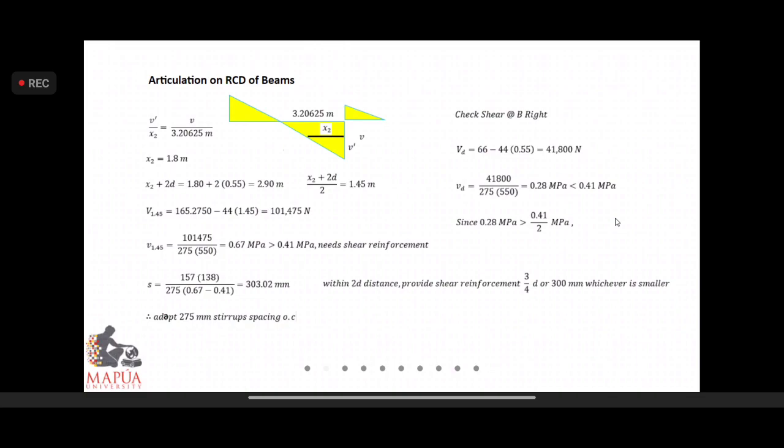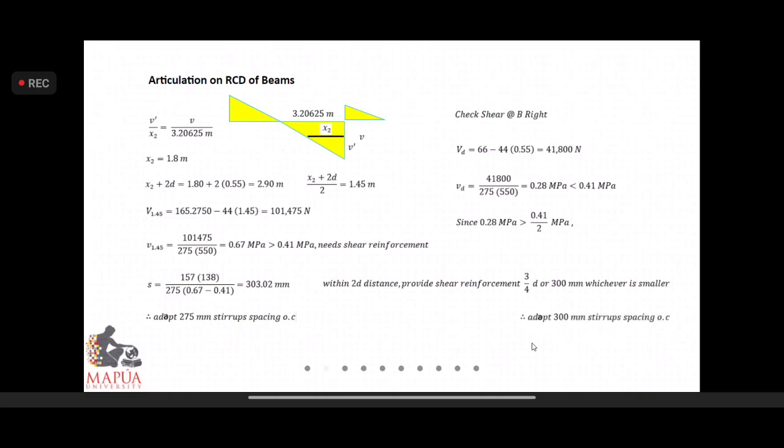So within 2D distance, provide shear reinforcement, 3/4 of the effective depth, or 300 millimeter, whichever is smaller. So if this will not fall within this recommendation, we need to set up, say for example, at least stirrups for that matter, say every 300 millimeter on center or every 400 millimeter on center. As much as possible, we need to provide stirrups.